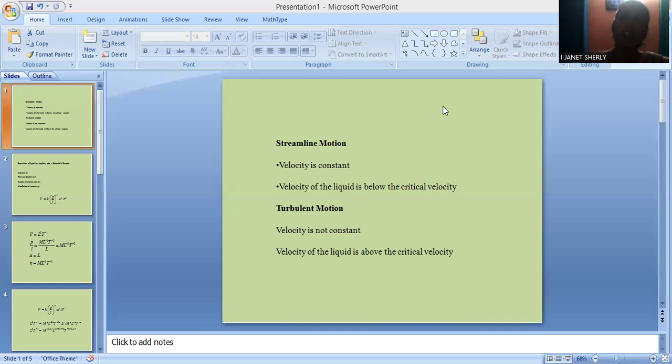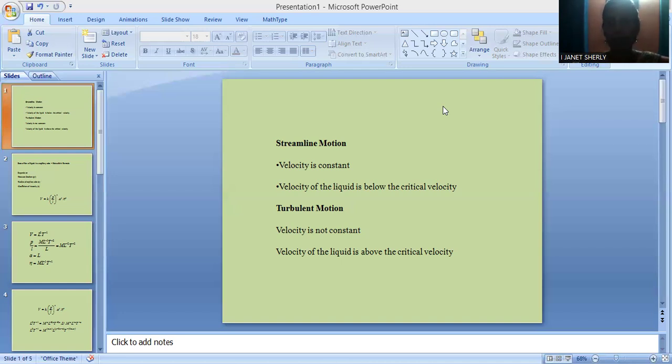If each and every particle of the liquid exactly follows the path of its predecessor, then we call that kind of flow a streamline flow. Or if the velocity of the liquid is constant everywhere, we call that motion of liquid a streamline motion.